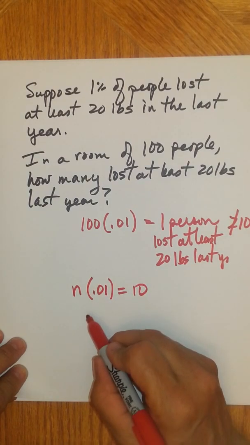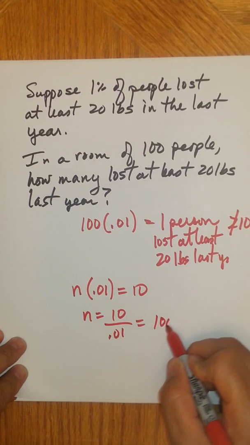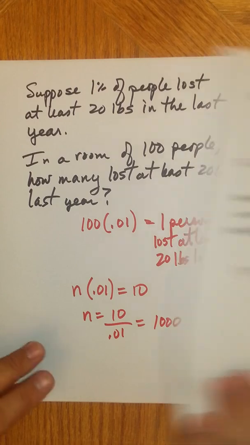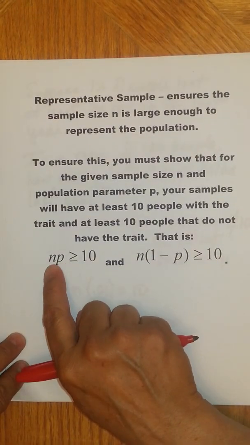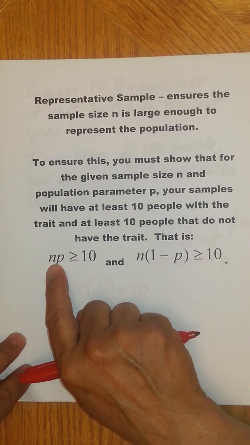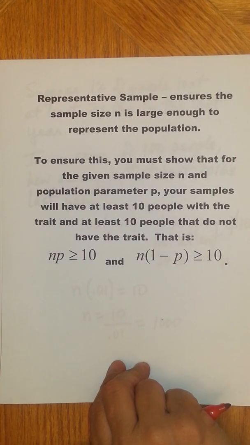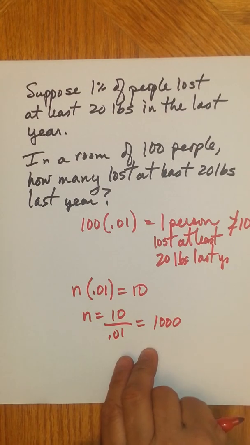When you solve that, 10 divided by 0.01 gives you 1,000. So my sample size would have to be 1,000 so that I at least see 10 people with the trait. This is the balancing act between the rate and therefore the sample size. And indeed, as long as you see 10 of each, 10 yeses and 10 nos, it's good. Your sample size will be representative. Okay?